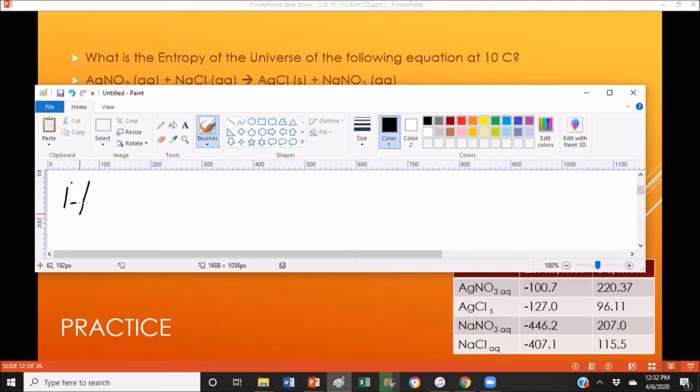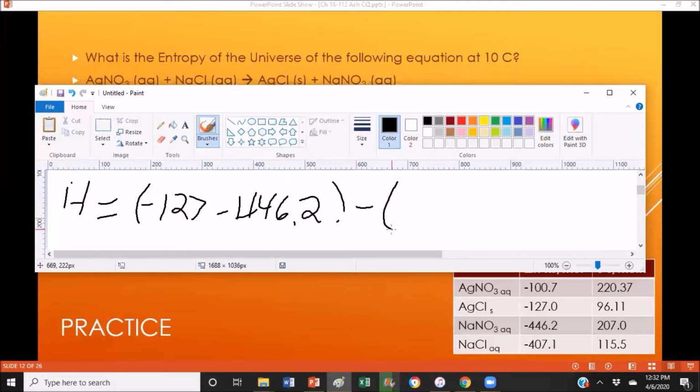But let's calculate our enthalpy. So products, negative 127 and negative 446.2, minus our reactants, which is negative 107 and negative 407.